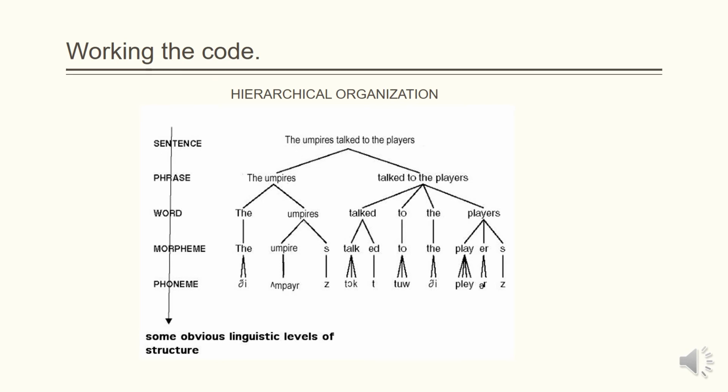So we have a hierarchical organization that was also called duality, because from individual meaningless units, we can create an unlimited set of meaningful elements such as words, phrases, sentences, and so on.